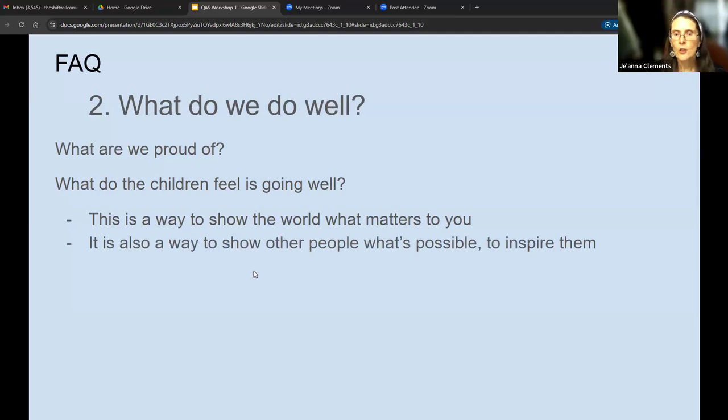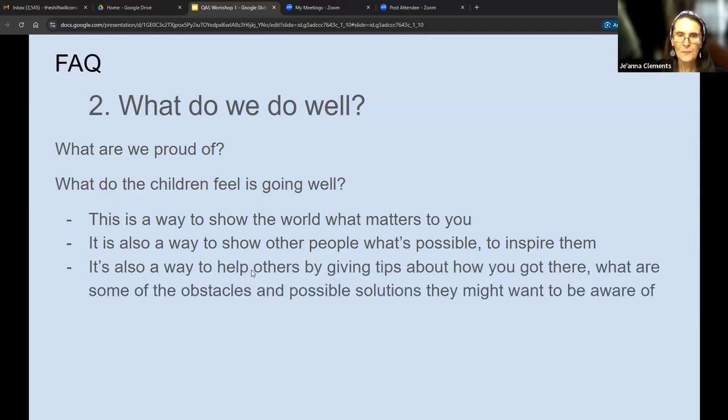But it's also a way to show other people what's possible and to inspire them, because we often find that some micro schools and home educating families go quite a lot further with young people's rights fulfillment than most people realize can actually be done.